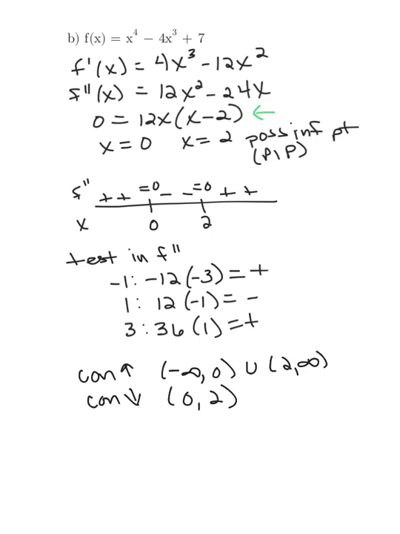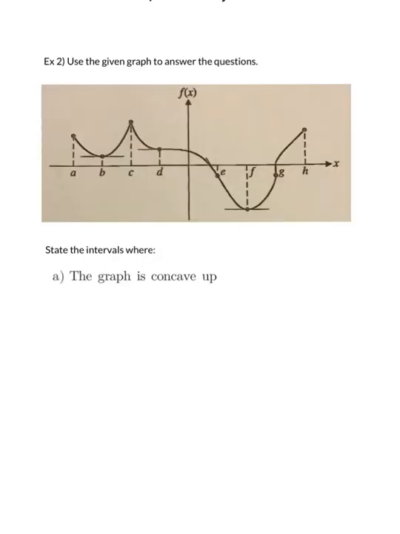And because we changed concavity, we went from positive to negative at both of those numbers, they are inflection points, both of them. Putting 0 into the original, you will get 7. And putting 2 into the original, you will get negative 8. So those are your inflection points.